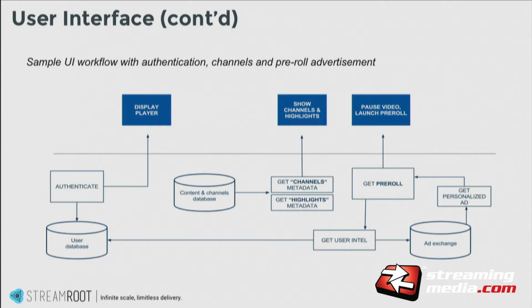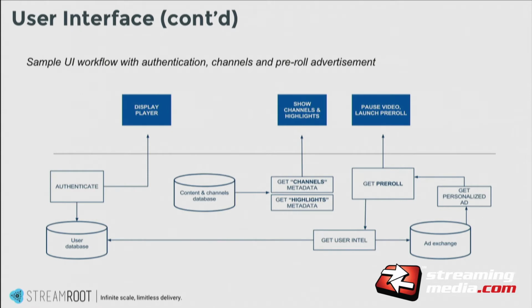So here we give an example of what this actually looks like with a UI workflow. Everything above the horizontal line there in blue is what the user actually sees on the screen, and everything below that is what is going on behind the scenes. So we have an authentication step that allows us to display the player on the screen.